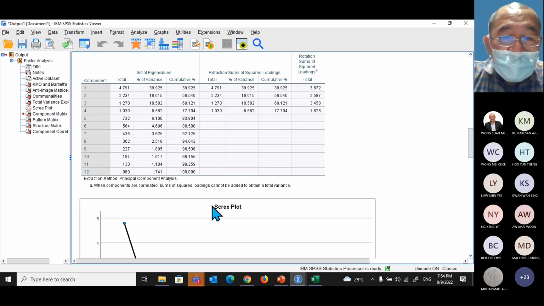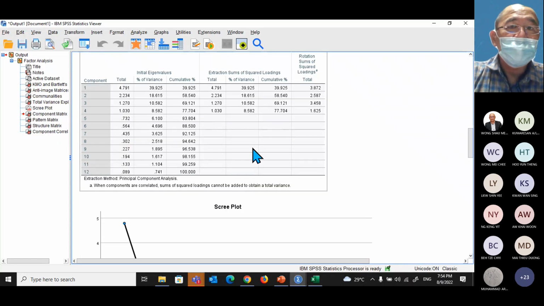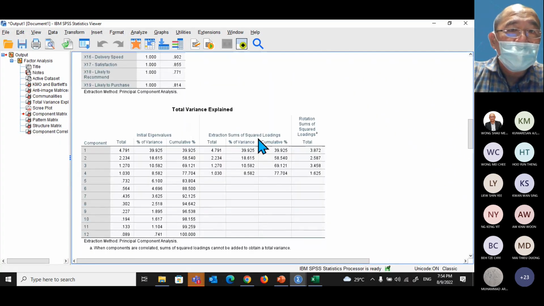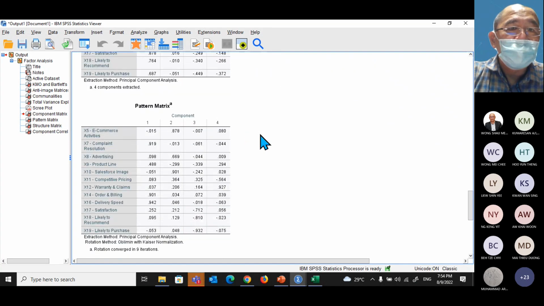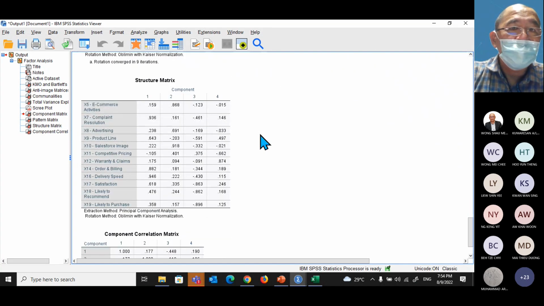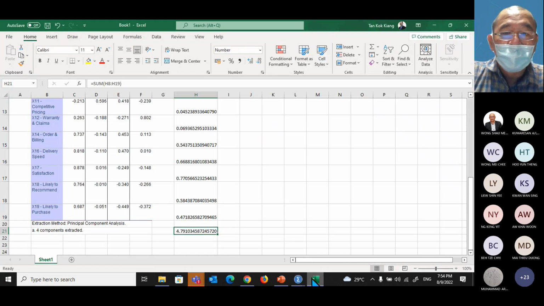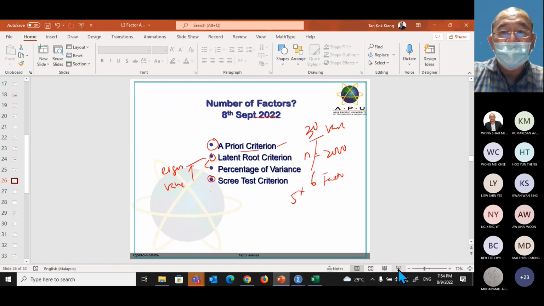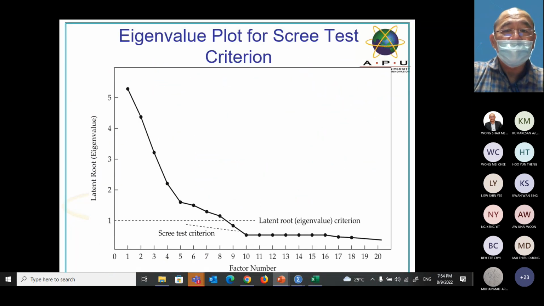Okay, so if no problem, now we see. Actually done already for this part. We see next. Okay, so we see the slide again. Therefore we done already for this part, and then also the scree plot.